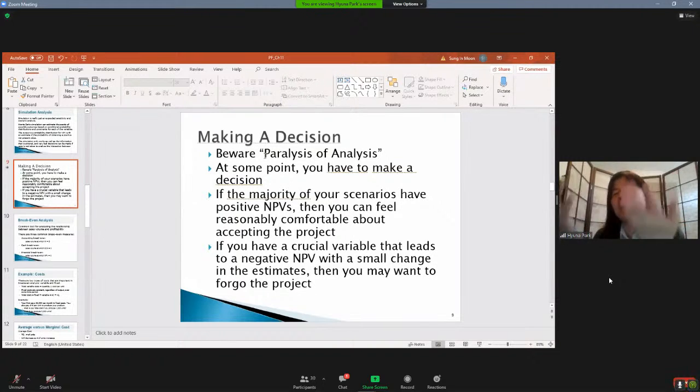So we need to weigh the benefits and cost, the complicated analysis benefit versus cost, time and energy. We do not do that kind of complicated analysis for every project. But for a very important project, it may be worth investing that kind of time, data and effort. But at some point, we need to stop and make a decision based on what's available.